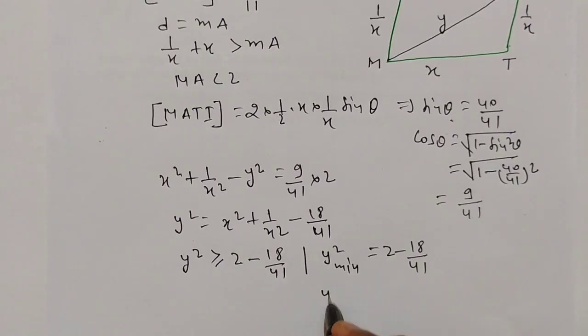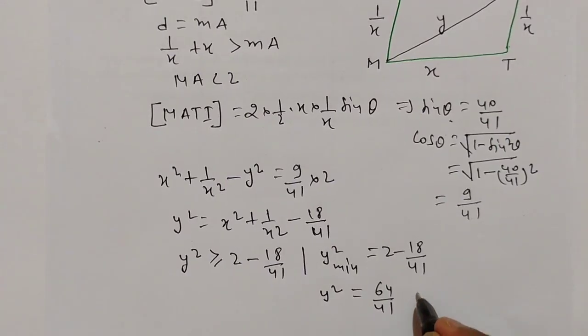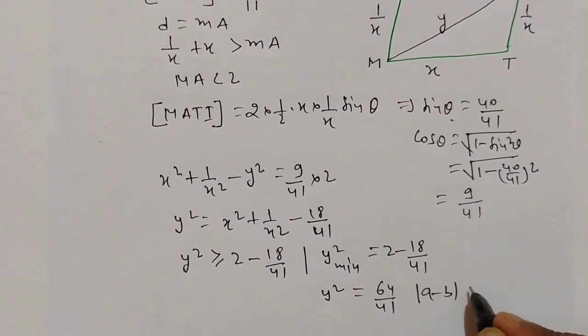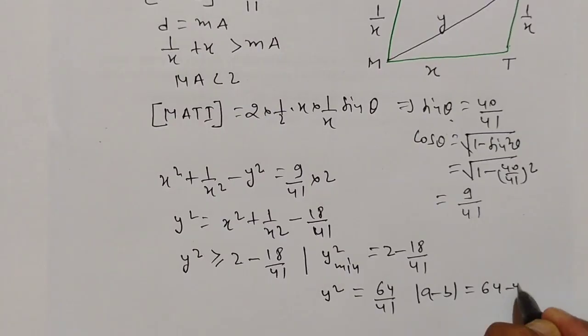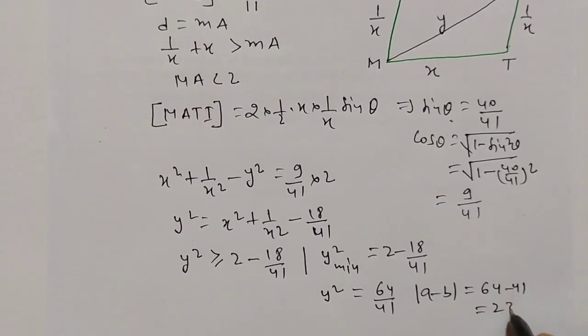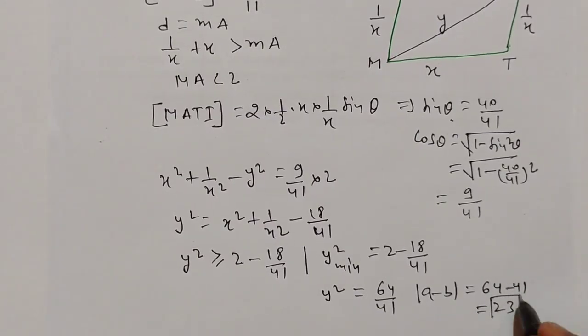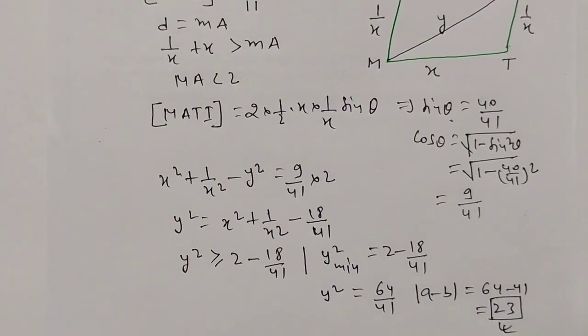So we have y square is equal to 64 by 41, and the difference of a and b will be 64 minus 41. This is already positive, so the solution will be 23.